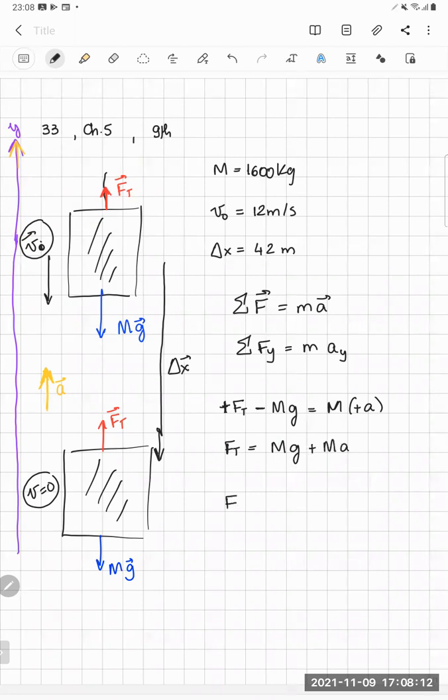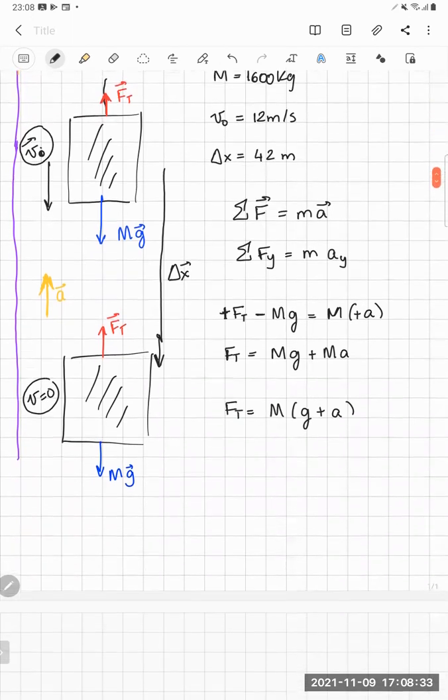The tension force is m times the magnitude of g plus the magnitude of a. We have everything except the value of the acceleration, so we need to find its magnitude to finish this problem.